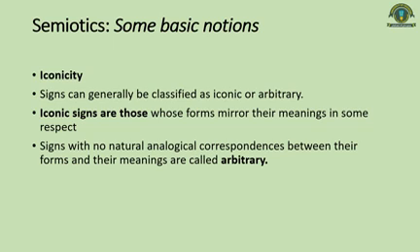And students, iconicity enters language in several possible ways. But the majority of the words in natural language are arbitrary. Take one example, the form of the word dog. We cannot say that the word dog mirrors its meaning in some respect.